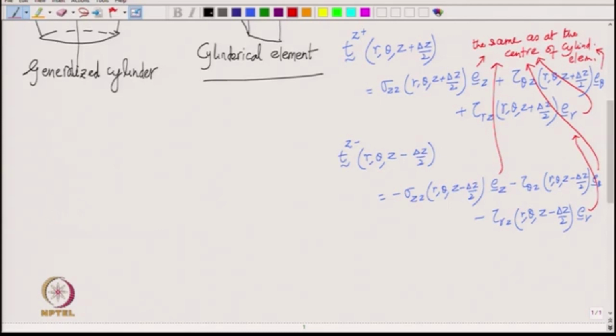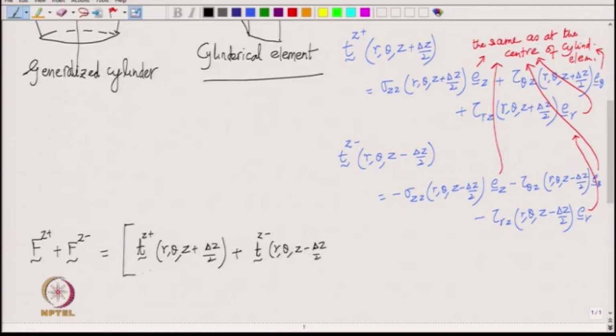So, if we evaluate the force on z plus the force on z minus, that is simply traction on z plus at r, theta, z plus delta z by 2 plus the traction at z minus and r, theta, z minus delta z by 2 multiplied by the area A z, the area of the z plane, is not it?